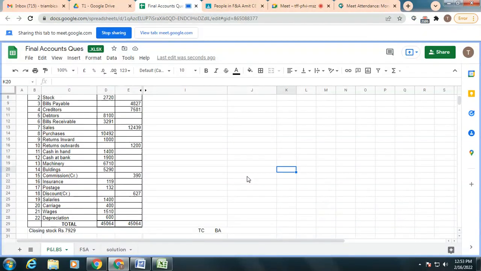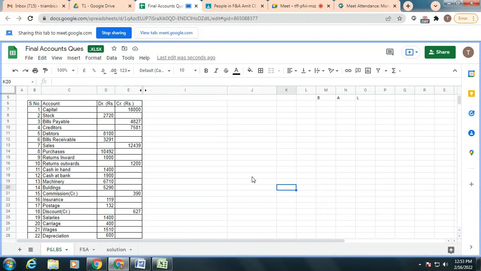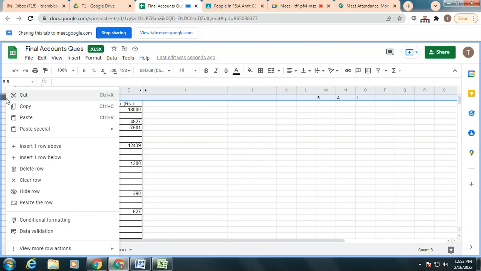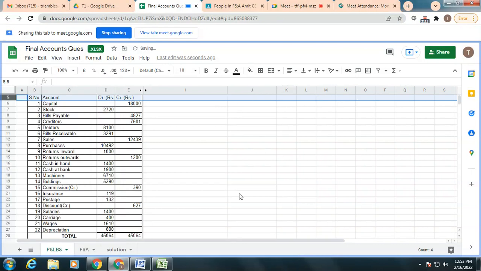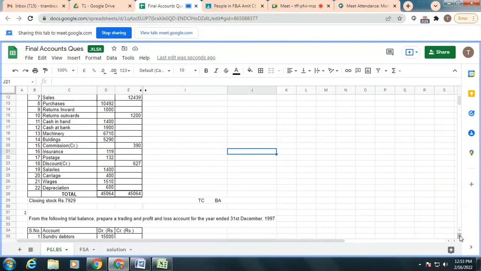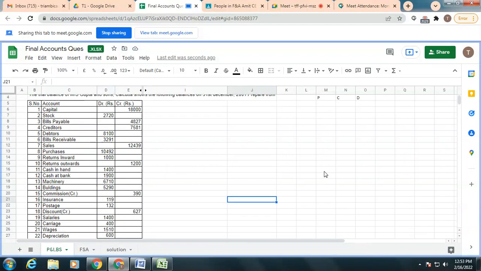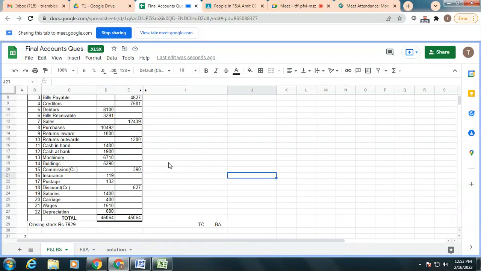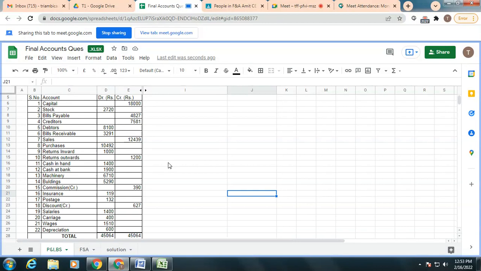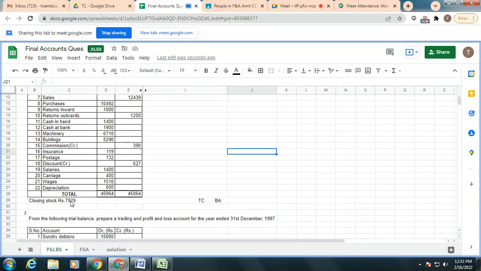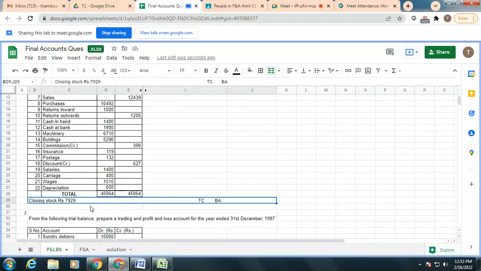Right, so this is a trial balance. This is a trial balance given to you, and in addition to the trial balance, you're given that the closing stock is valued at 7,929.